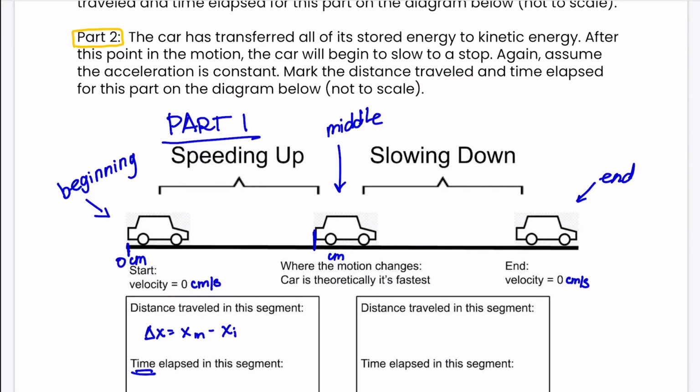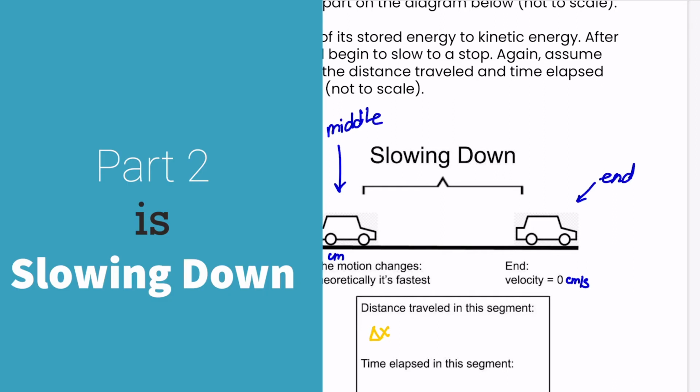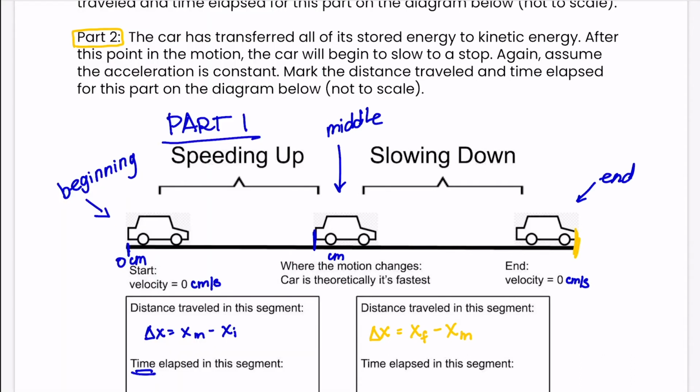You're going to take the final position and subtract it from the middle position. I'm going to keep using the back of the car to stay consistent, so wherever the car ended and where the middle part was. This would be your part two.